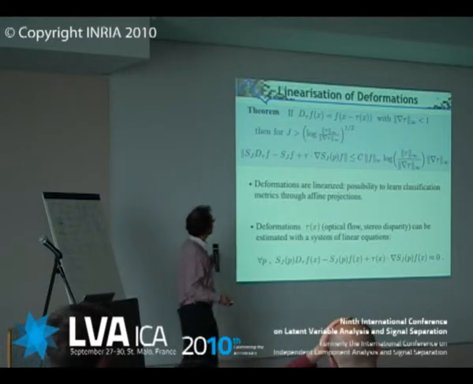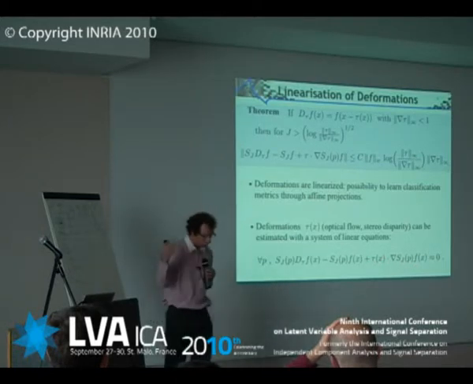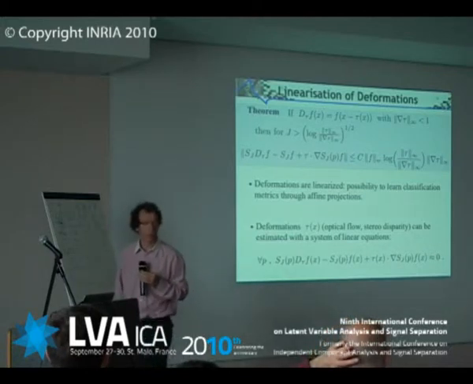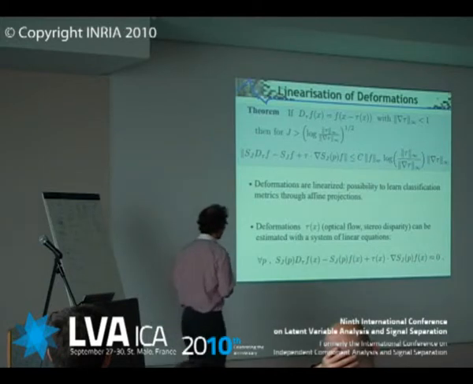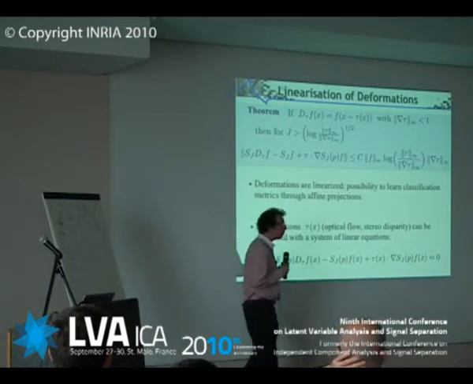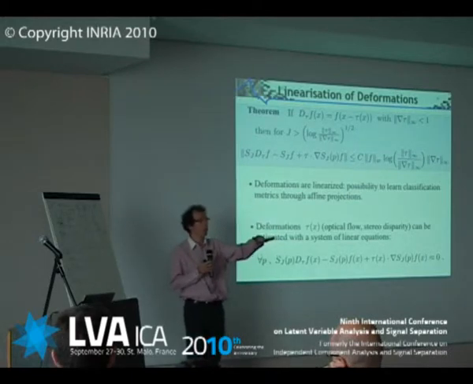If this is nearly 0, you can set up this equation, and you get a system of equations because for each path you have an equation, and you need to identify tau of x. Now, for those who have been working in these areas, that means you can estimate optical flow, stereo, and so on. It looks very similar to the techniques where people compute optical flow by projecting on other wavelets.